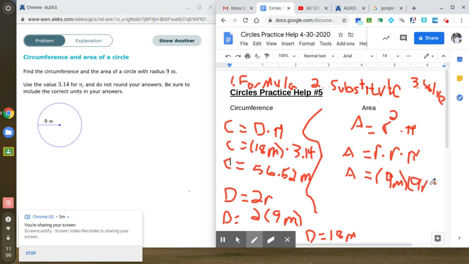And really soon, we might have to solve for r in a problem. And then, sorry, it's lapping around, but we got to multiply by 3.14 as well. So use your calculator and go ahead and multiply those together. And let's get our area number. And you probably got 254.34.